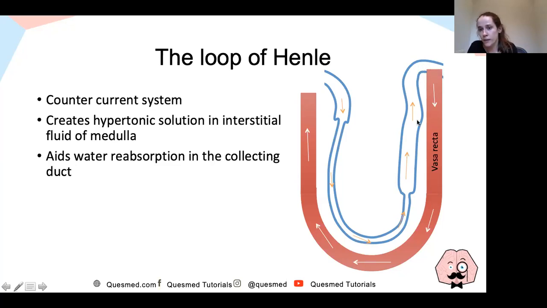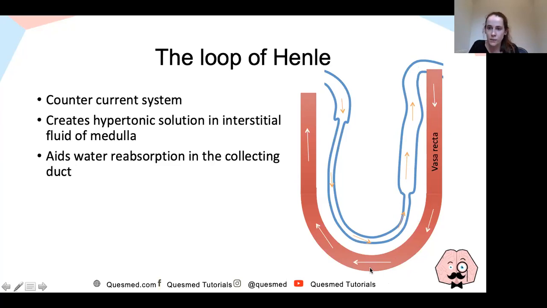In the opposite direction, we have the vasa recta, which are the blood vessels surrounding the loop of Henle, and they move in the opposite direction. As this arrow would move to this arrow here, next to this one would end up moving to that one.